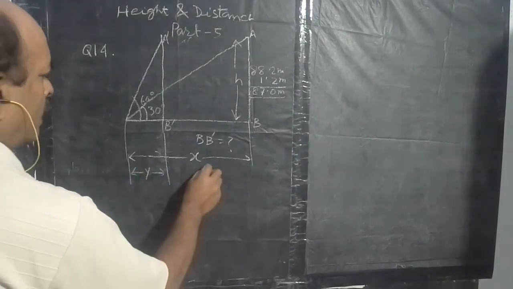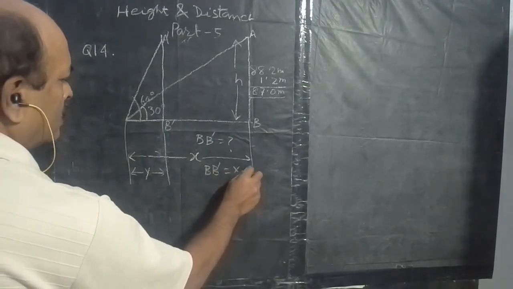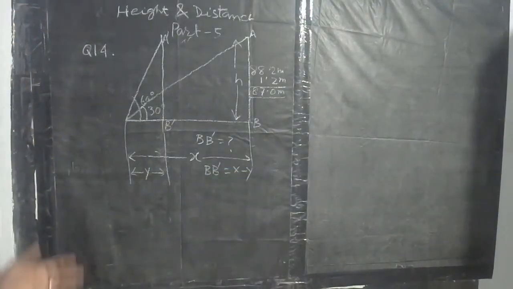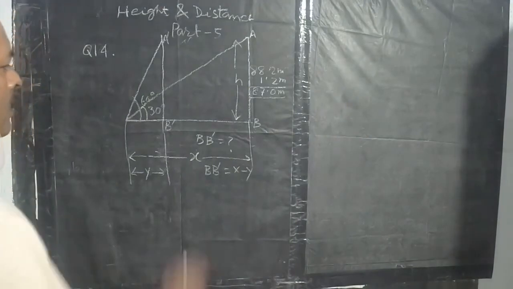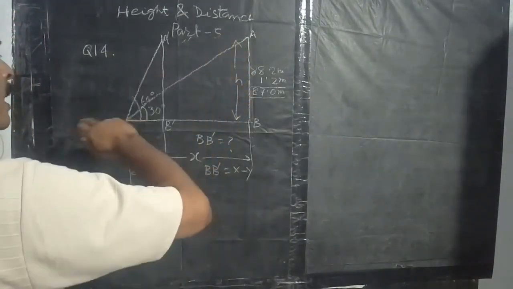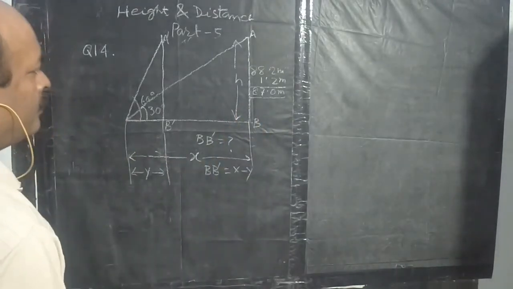Now what is B B dash? B B dash is simply x minus y. So first find x, then find y, then subtract them to get B B dash. Why am I taking the whole as a complete distance? Because we have to consider the whole triangle.